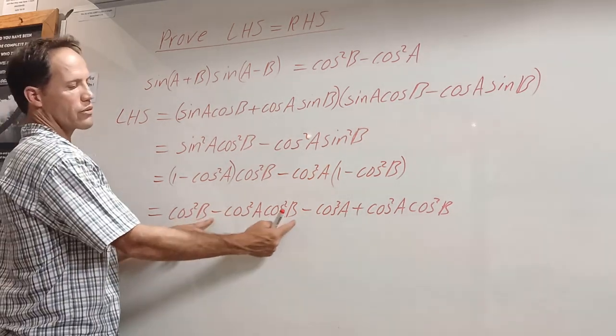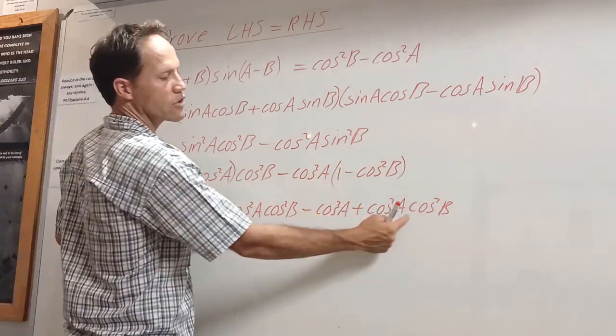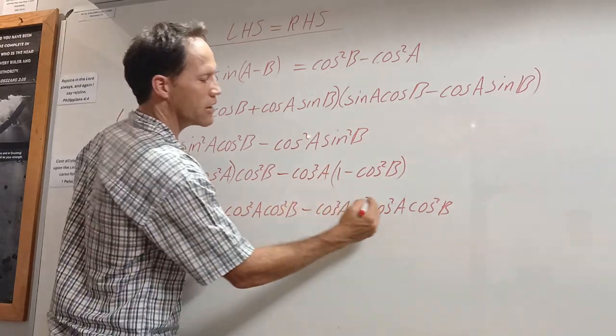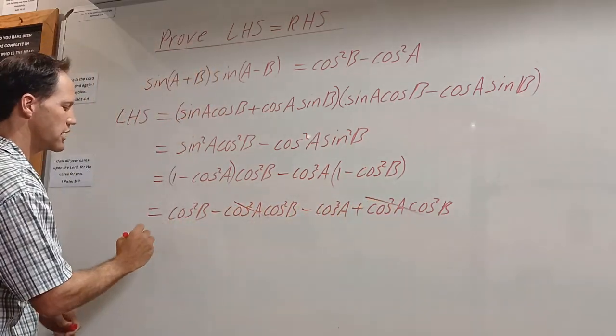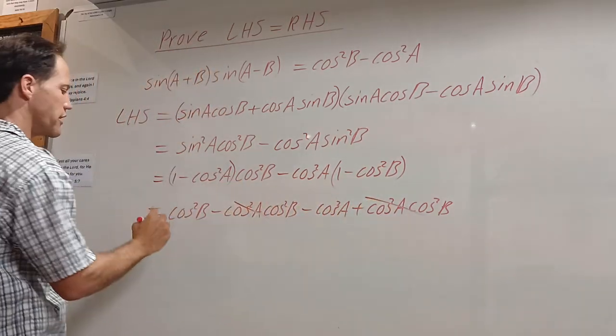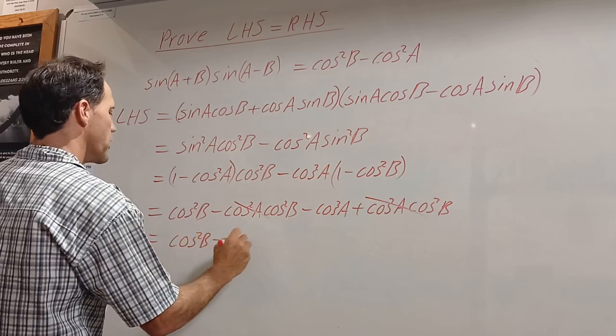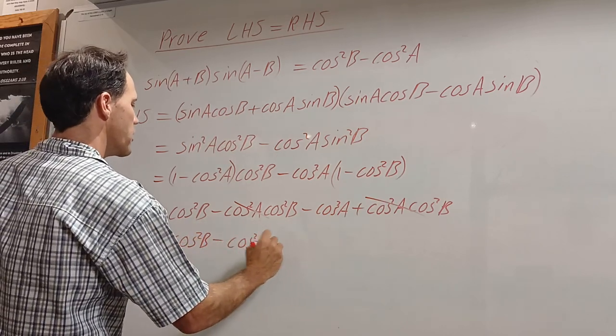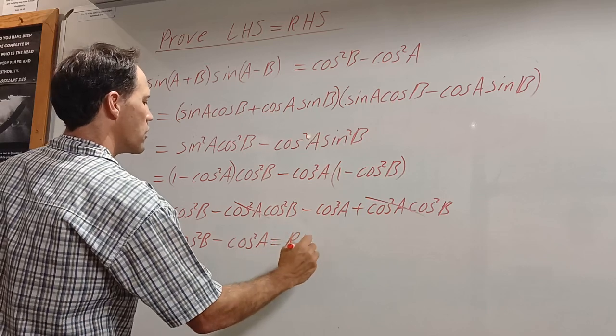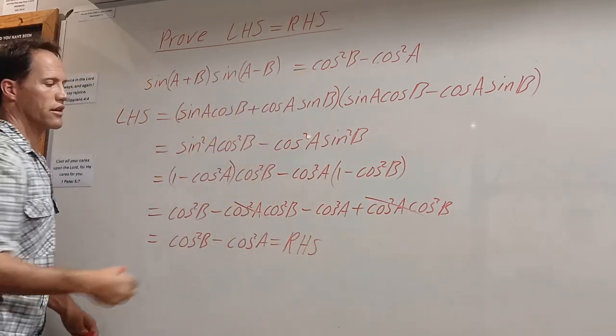The minus cos squared A cos squared B plus cos squared A cos squared B cancel out, and you're just left with cos squared B minus cos squared A, which is equal to the right-hand side.